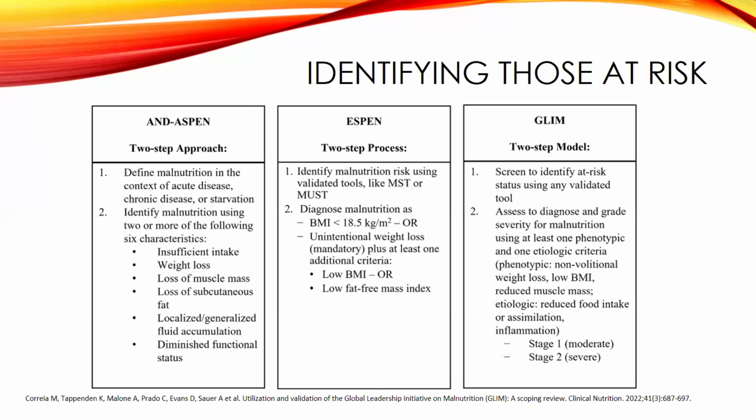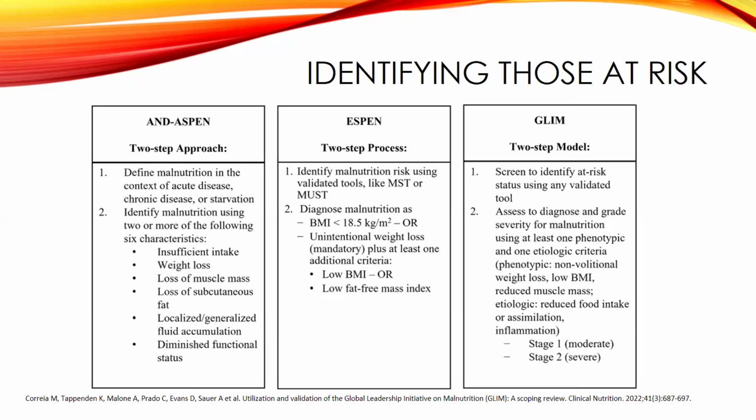If you start with the first aspect, the Academy of Nutrition and Dietetics and the American Society for Parenteral and Enteral Nutrition, for them the definition is more of a two-step approach. In step one, they define malnutrition in the context of acute disease, chronic disease, or starvation. Remember the three things I told you: is it acute, is it chronic, or is it due to starvation?